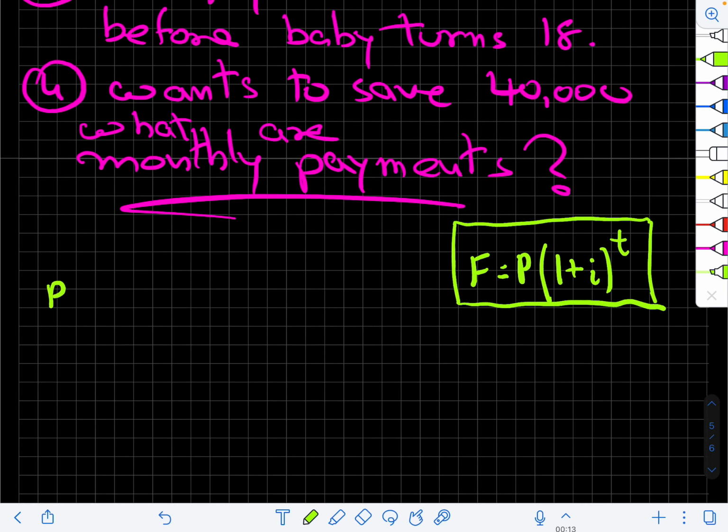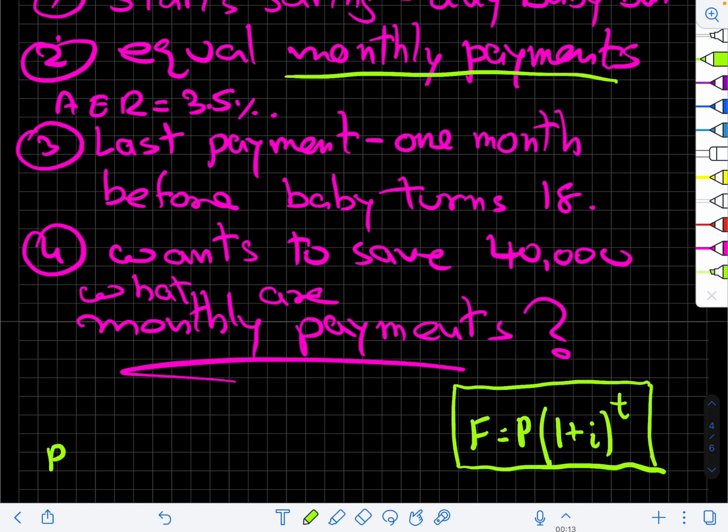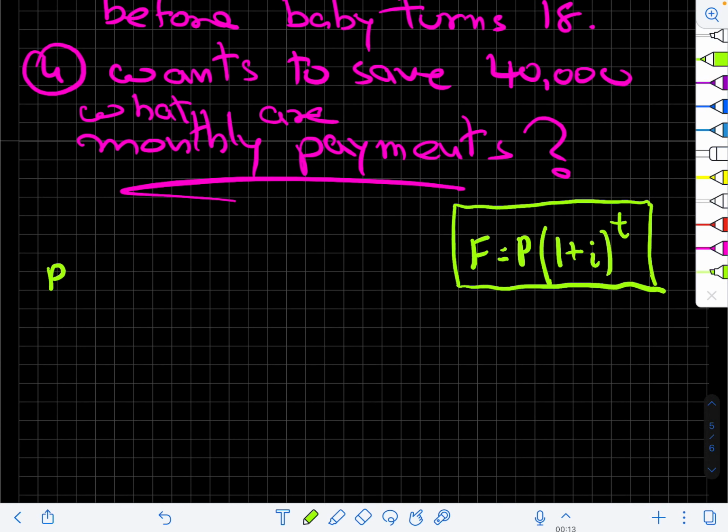So the first thing we have to do is calculate how much is the interest for the month, because she's doing monthly installments. She wants to do monthly payments. So we have to calculate how much is 3.5% in monthly installments. So we're just doing our calculation. If she got 3.5% for 1 year, it has to be equivalent to getting some interest to the power of 12 monthly.